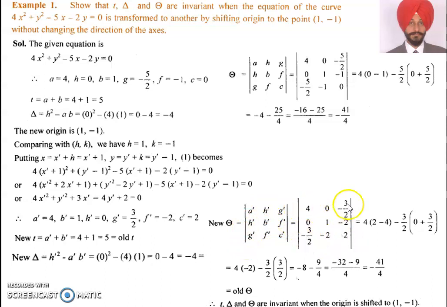I put all these values and expand the determinant, and I got minus 41 by 4, which is equal to the old theta. So t, theta and delta are invariant when the origin is shifted to 1 and minus 1.